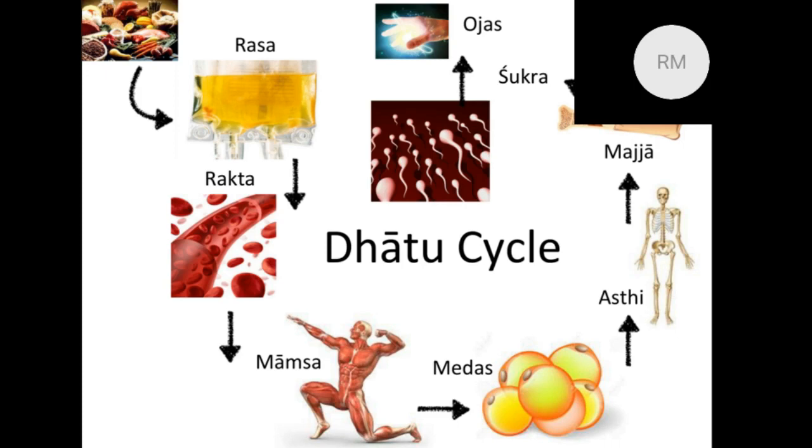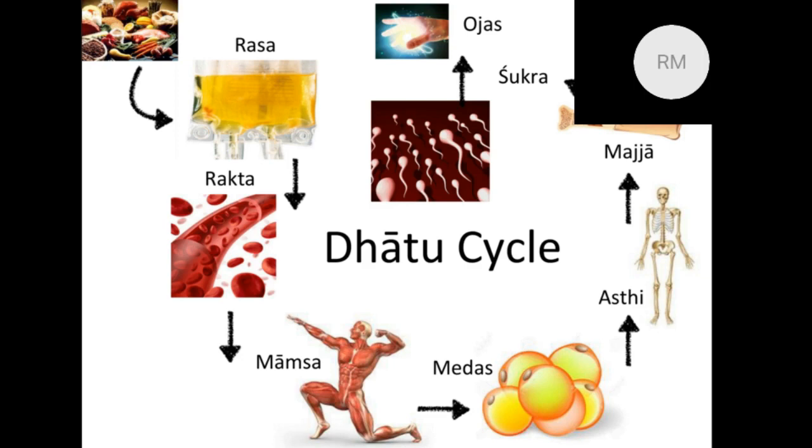This is very important because when treating certain diseases, when we want to nourish the Majja Dhātu, we use marrow, or sometimes the brain and spinal cord of various animals.